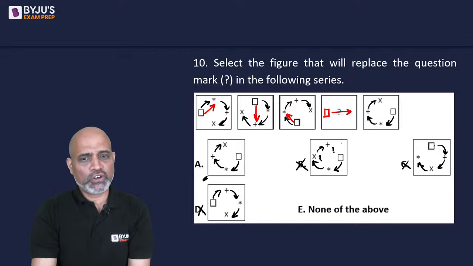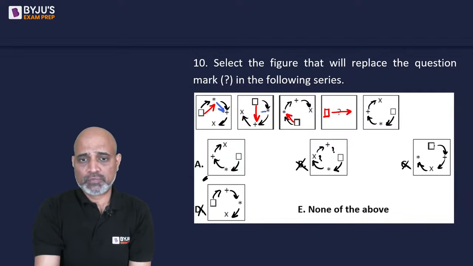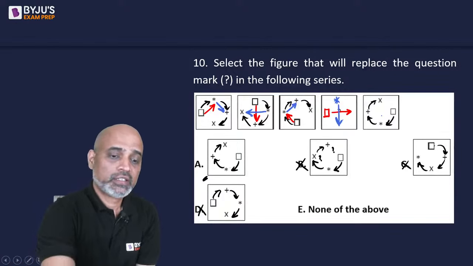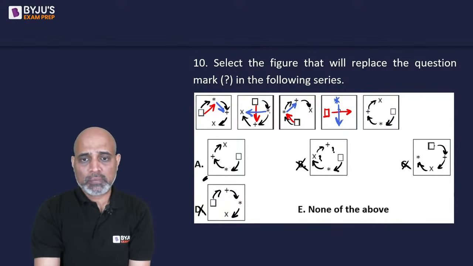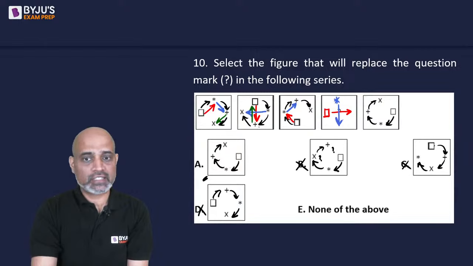This should be true for other symbols as well, right? So let's look at asterisk. Asterisk moves one place clockwise, and then it moves diagonal. Then it again should move one place clockwise, and then in the next one it should move diagonal. So that's exactly what we see in the fifth one. Let's follow plus. Plus, if you look at the first and second figure, plus moves one place clockwise, and then it moves diagonal.